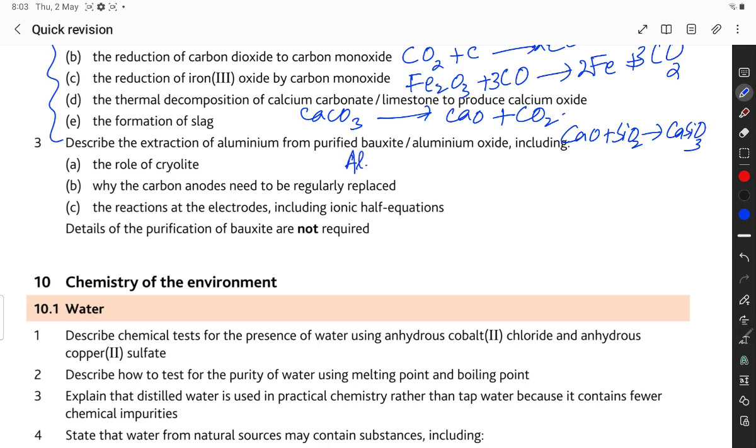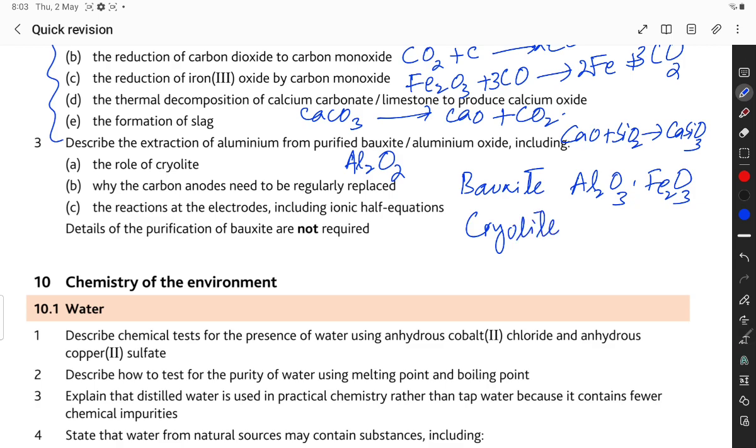So, describe the extraction of aluminium from purified bauxite. Bauxite ore undergoes purification. Describe the extraction of aluminium from purified aluminium oxide. Aluminium oxide is Al2O3 and bauxite ore is Al2O3.Fe2O3. This is the bauxite ore, and the cryolite formula is Na3AlF6.